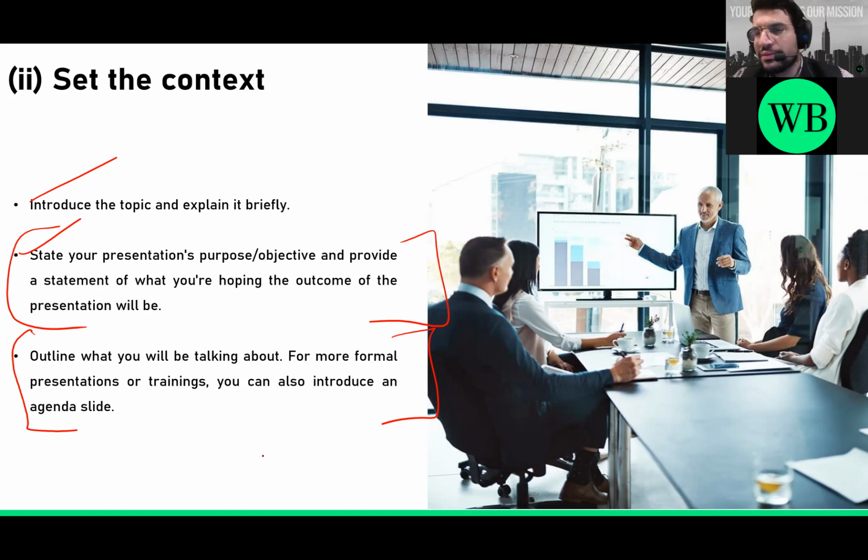Now, often I've given this example. When you talk about purpose, objective, or provide the solution, like we spoke about in the McKinsey principle, you can make the objective clear to the audience like this. You can say, today I'm here to talk about why we should move our corporate head office from Bombay to Pune. That's what I'm here to talk about.